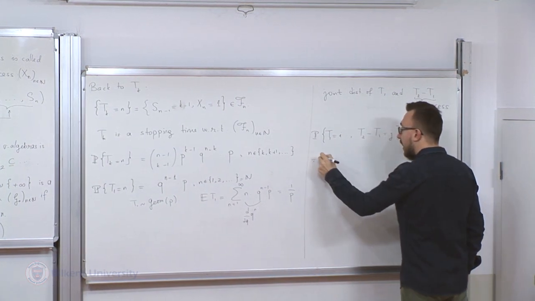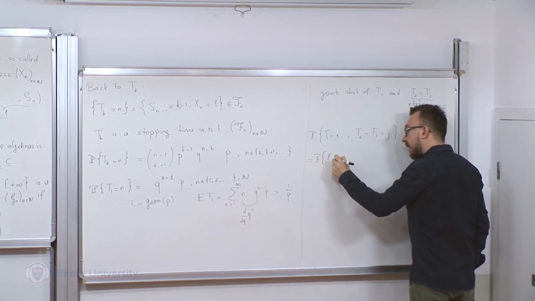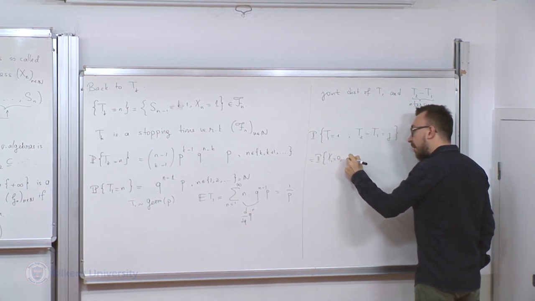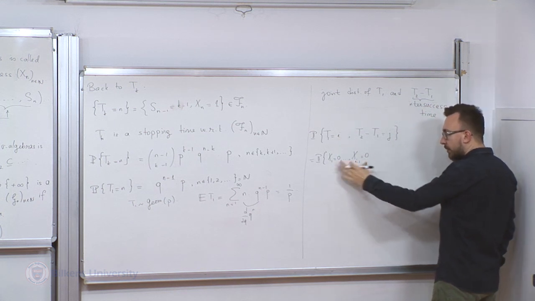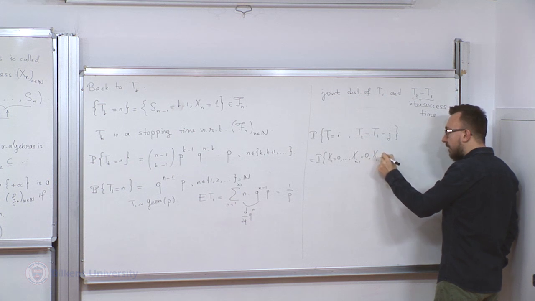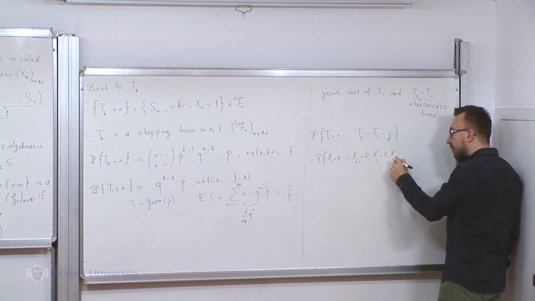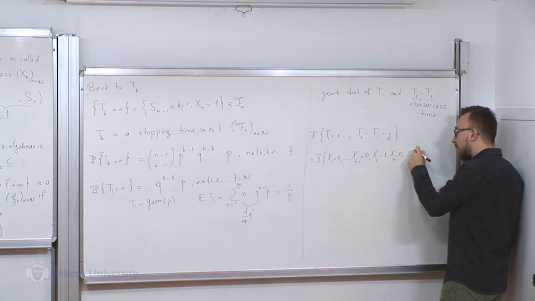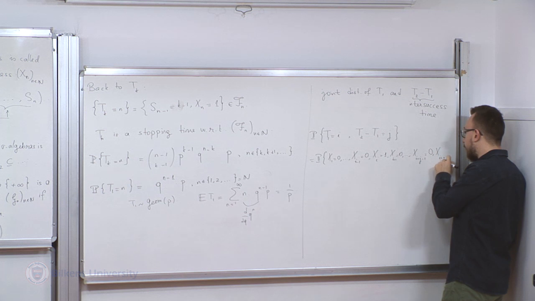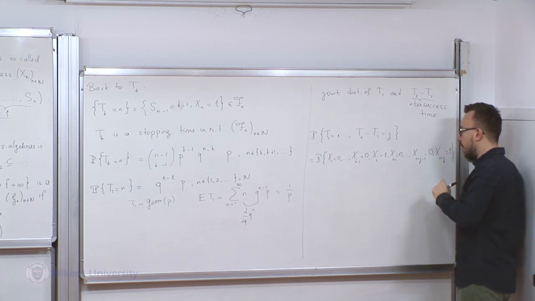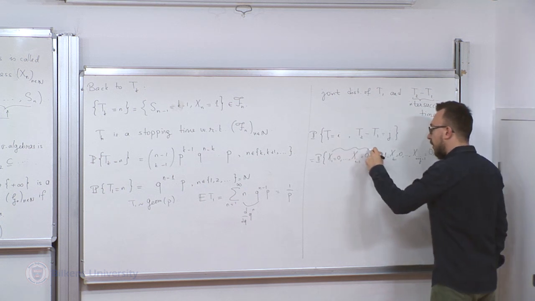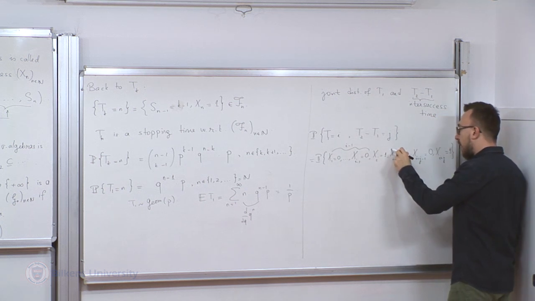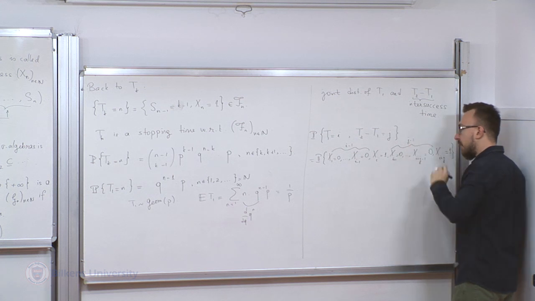So this is exactly saying that X1 is 0, ..., X(i-1) is 0, and if i equals 1, you're going to have no such terms here. Xi is 1, X(i+1) is 0, ..., X(i+j-1) is 0, and X(i+j) is 1. So we have i-1 things here, and we have j-1 things here.